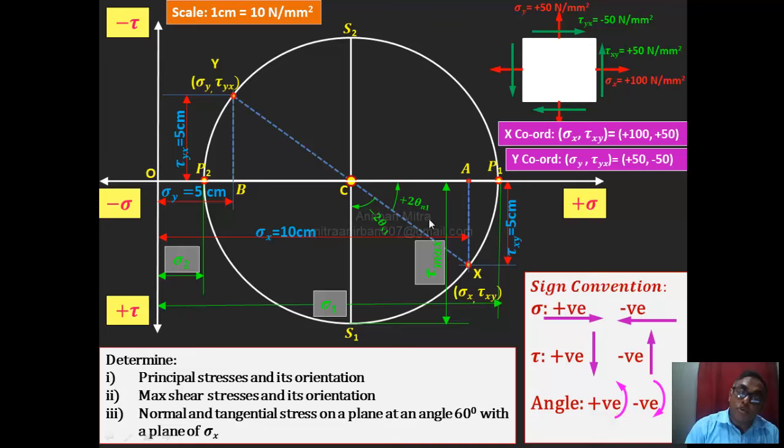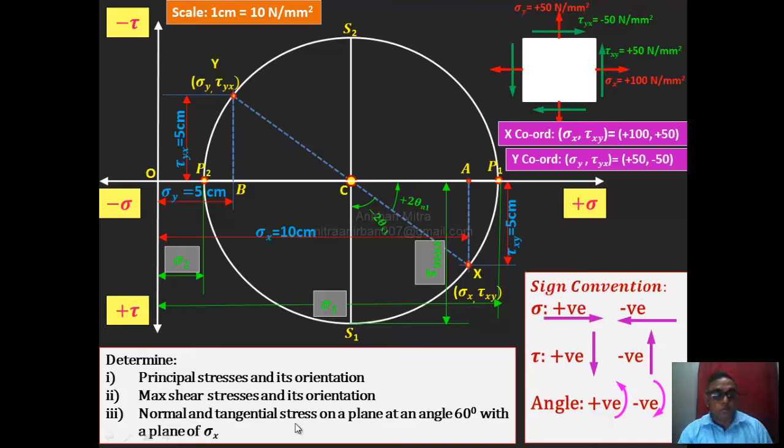If you use these sign conventions, then all your answers will match the analytical ones. I have referred to the book Strength of Materials by Timoshenko, or it is in Popov also, Igor Popov. From this book I am finding the directions, and I also solved all these problems analytically. So it exactly matches the sign conventions. So that value is called the 2 theta S1 value, and I got the second one also.